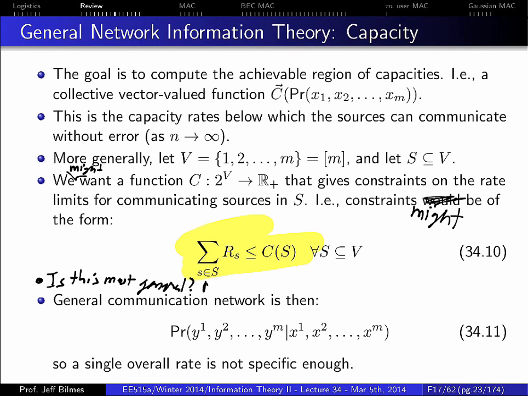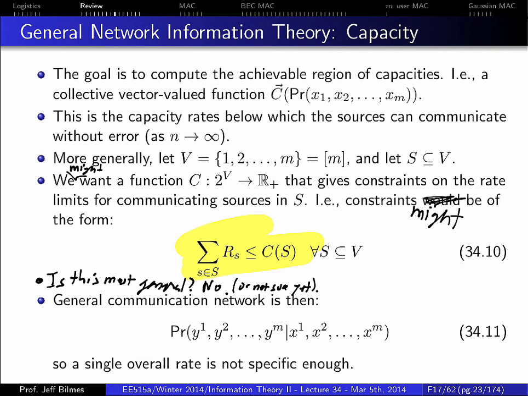And the answer is no. We don't know, or maybe we're not sure. All we need to do to answer that question, if it's most general, is find an instance where this one doesn't work.